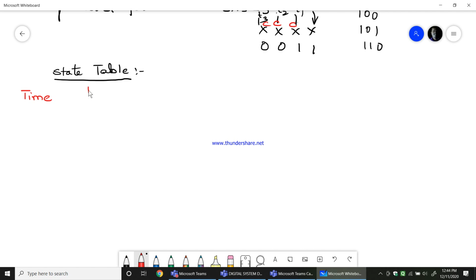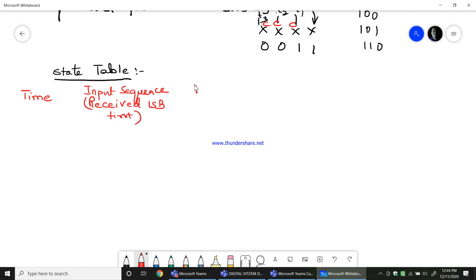The next column will be the input sequence, received LSB first, as we have taken from bottom to top. That is why I have written this, received LSB first.